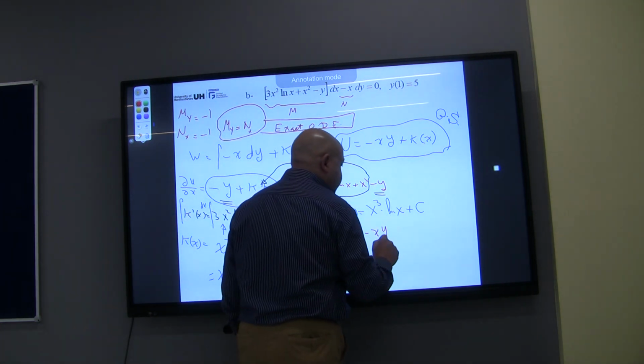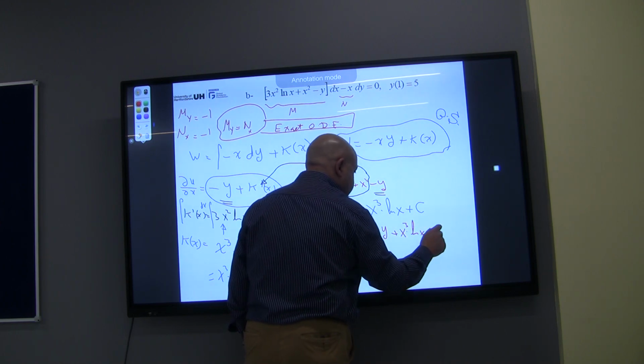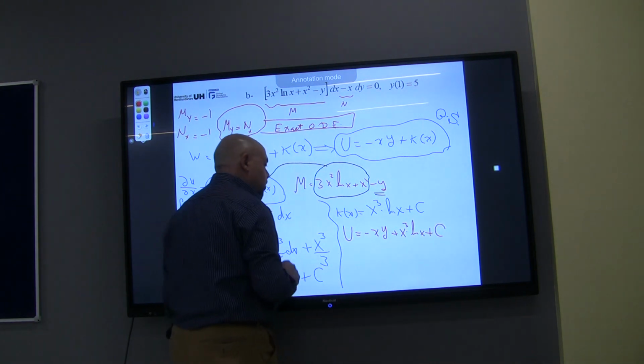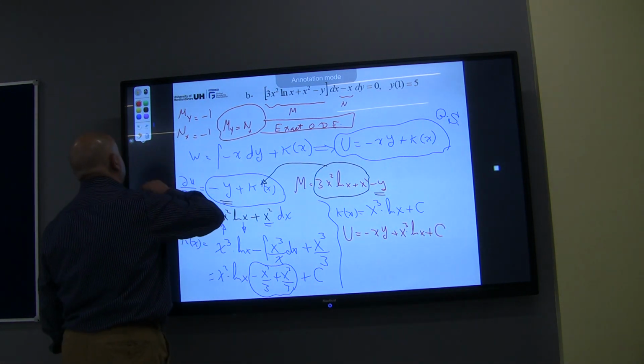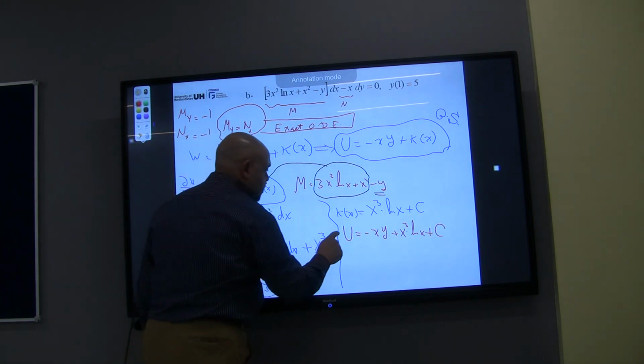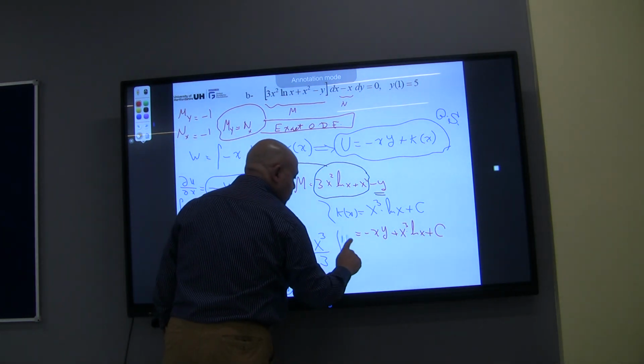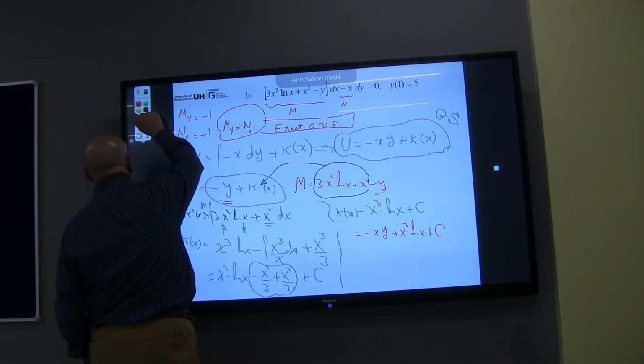I will replace k of x to be x power 3 times ln x plus a constant. You already know that the omega that we are speaking about, I can move it and it's going to equal 0.